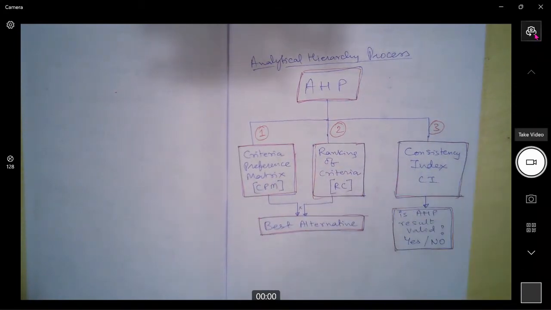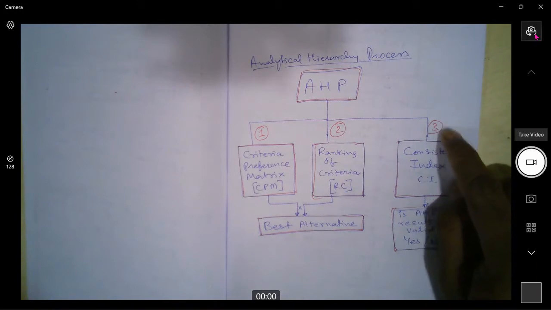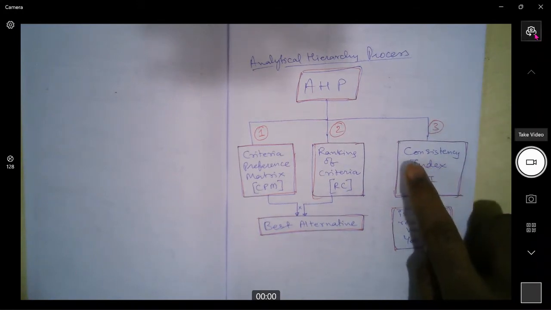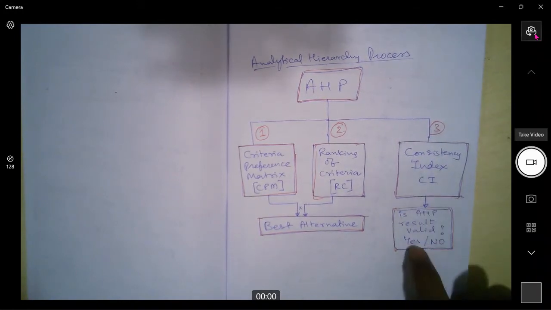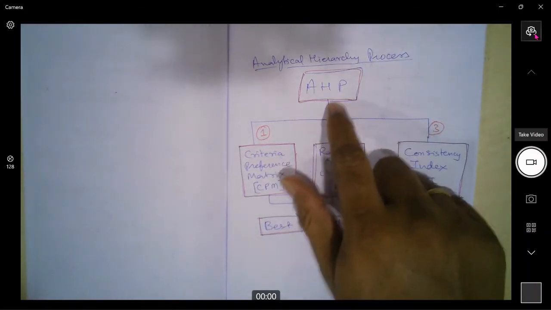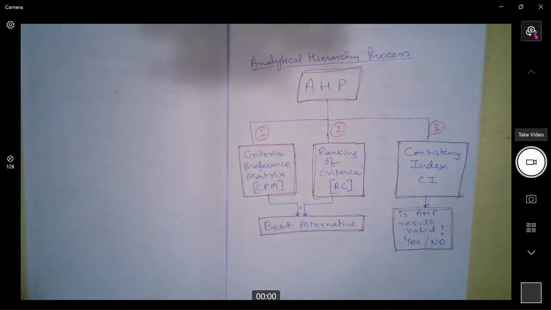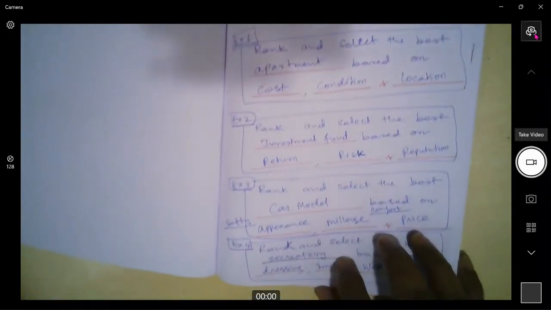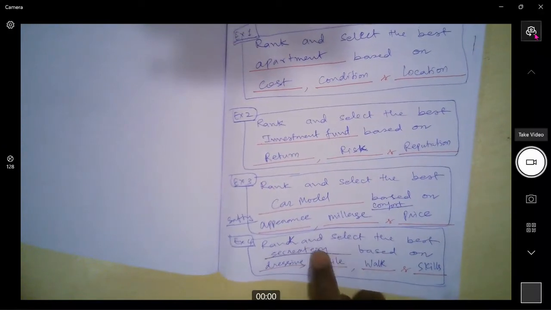Then what is the purpose of 3? So the purpose of process 3 is the consistency index. Here what happens is, because this AHP process is dependent on surveys, we have to survey the people, right? For example, if you take this last case, how do you select a secretary?